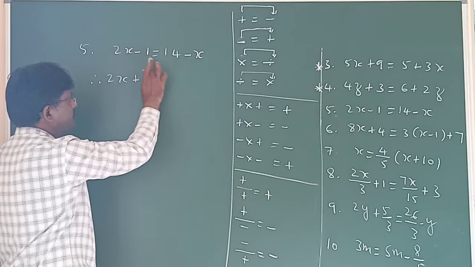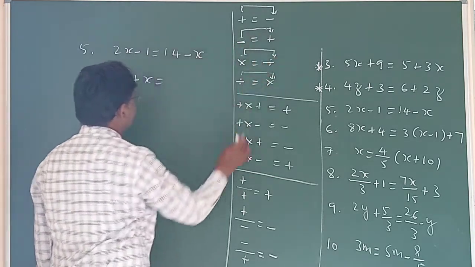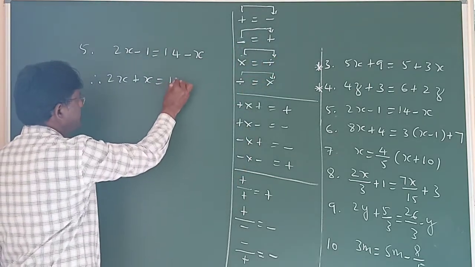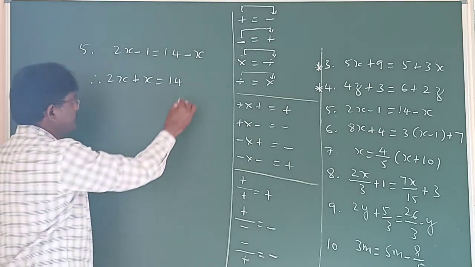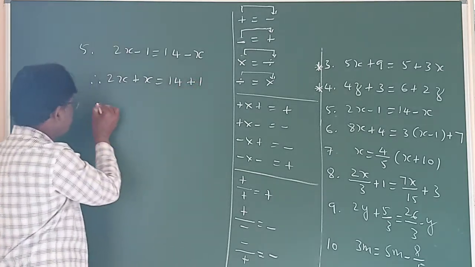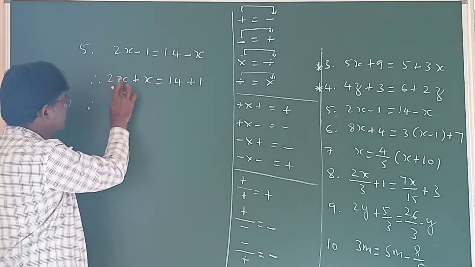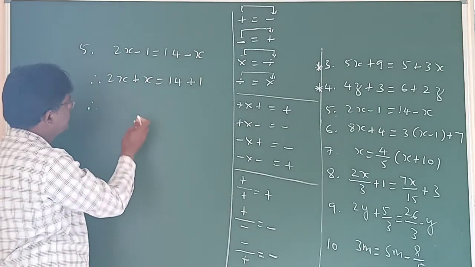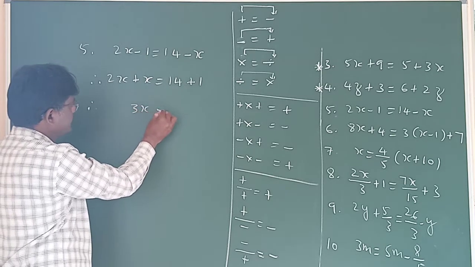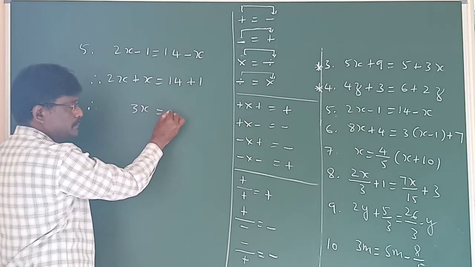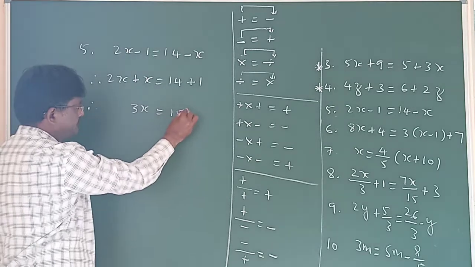Then when you send minus 1 to the right, it becomes plus 1. Therefore, now plus 3x equal to plus 14 plus 1, plus 15.